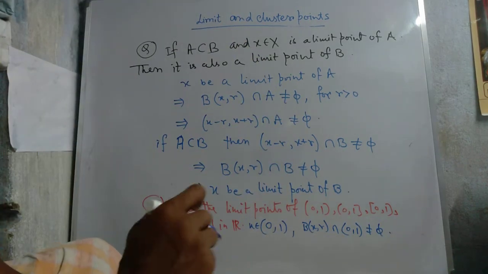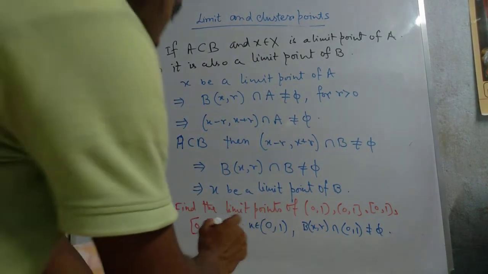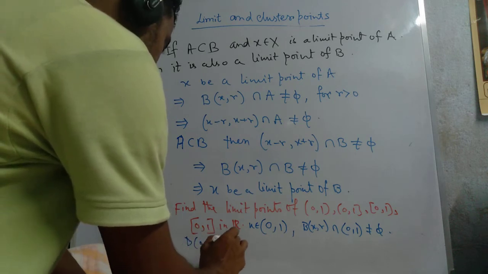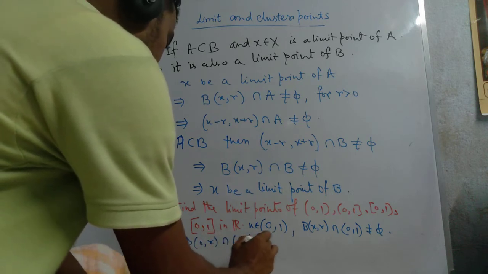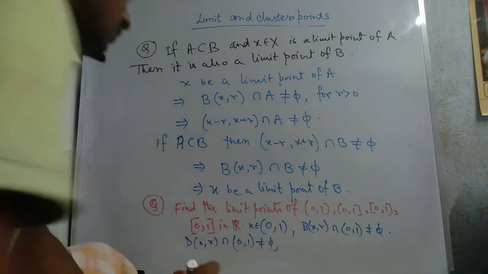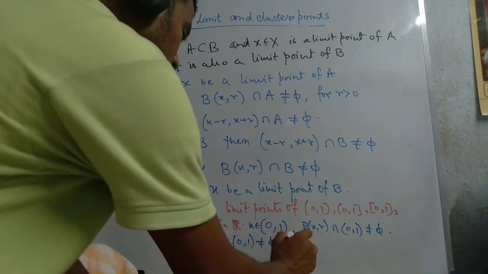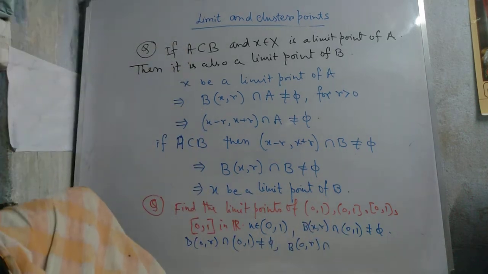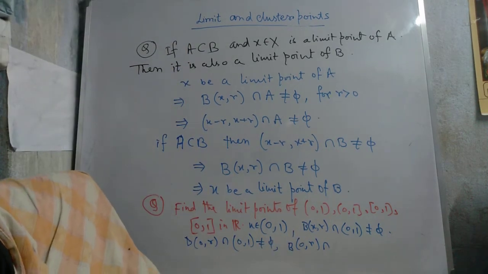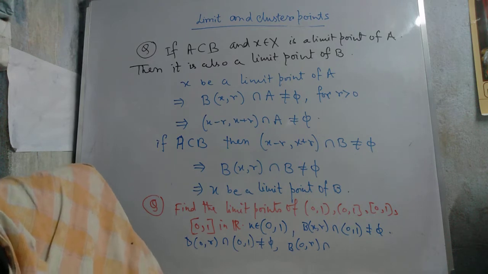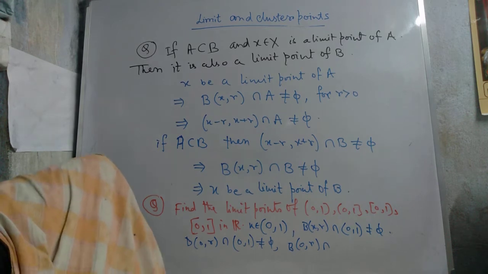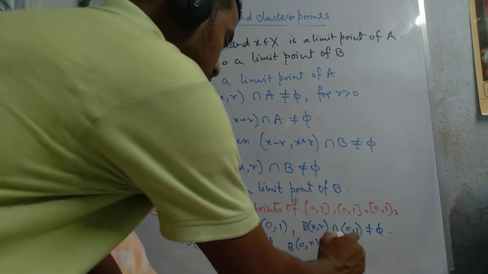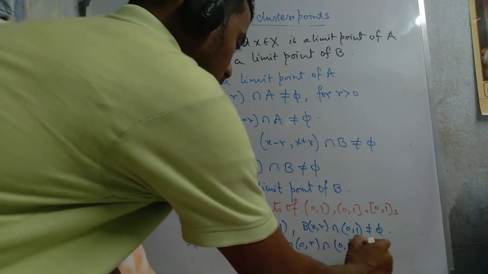Even if we take 0, then B(0, r) intersection (0,1) is not equal to empty set. Same thing for the other sets, all the intervals given here. That means the intersection with (0,1) is not equal to empty set.